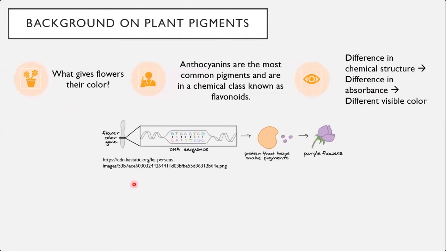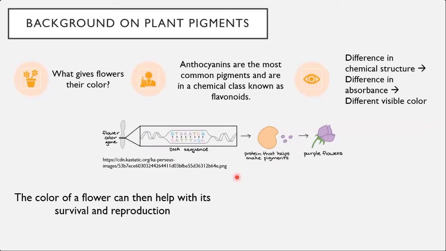Here we see a depiction of a flower gene with a DNA sequence. This DNA sequence becomes a protein, which then helps make flower pigments. And what we will be changing is what these chemicals are made up of, and that will give us the different colors for our flowers.